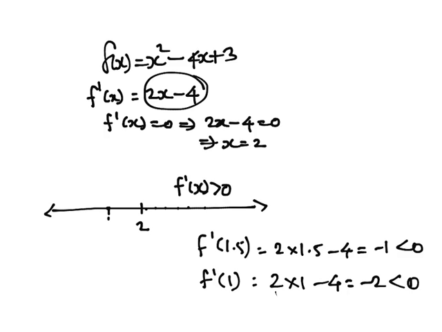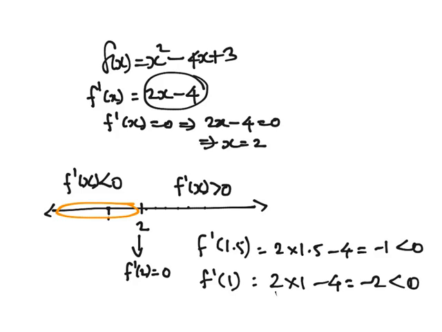Now again, you will find that if you take any value less than 2 and substitute in f dash of x, you will get f dash of x as always negative. Here f dash of 2 is 0, right?